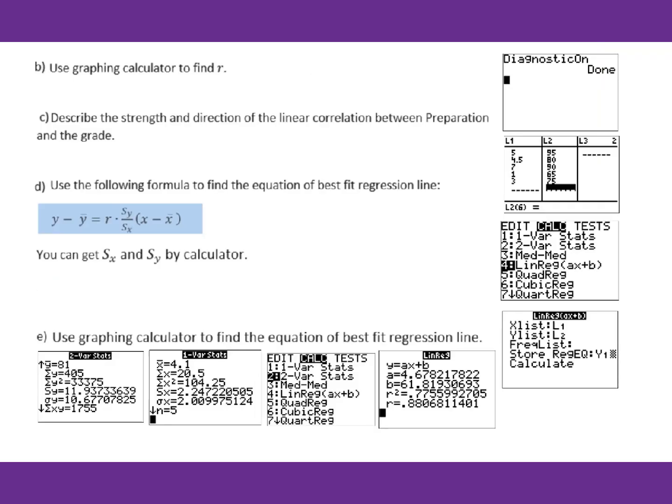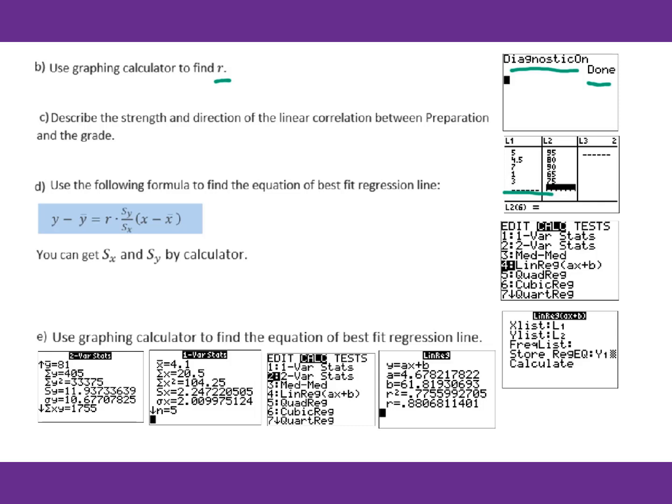Now let's go to B. Use the graphing calculator to find the correlation coefficient R. First of all, make sure your calculator has the diagnostic on. Then you put the preparation and the grade into L1 and L2 separately.